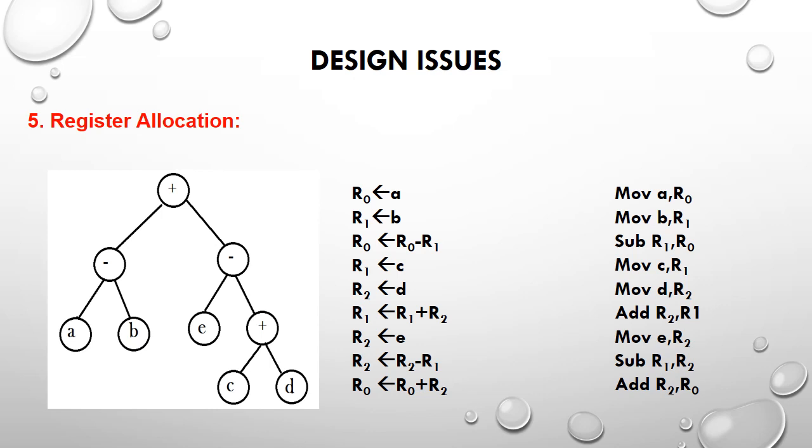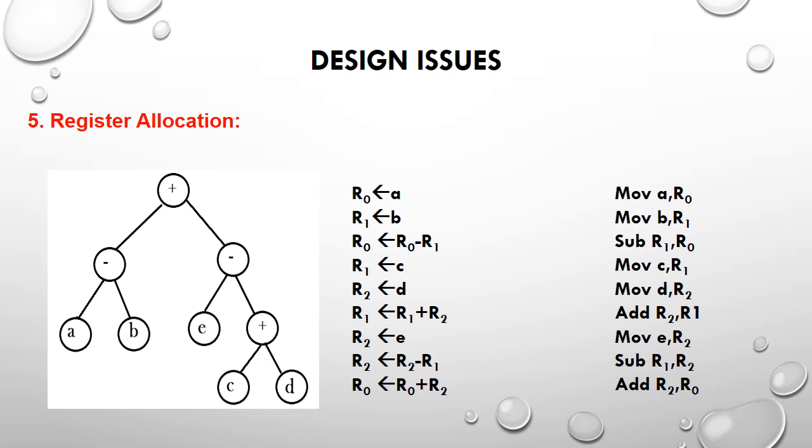Now after this, we have to perform R0 equals R0 plus R2, because A minus B is stored in R0 and E minus (C plus D) is stored in the R2 register. We have to perform the addition of these two, and finally the answer is stored in R0 register.